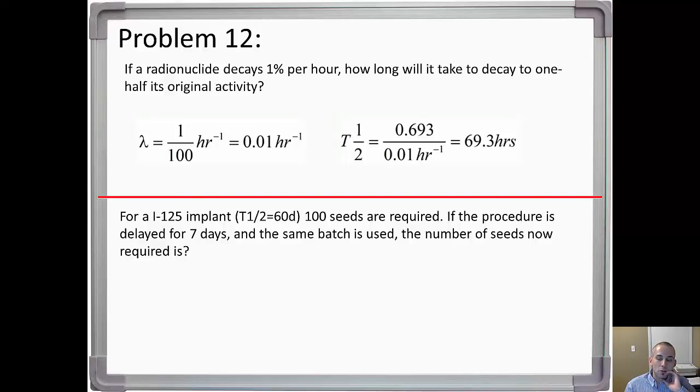In that case, you would take the activity at a later time divided by the initial activity, and you would make that equal 0.50, and then you would go equals e to the exponent negative t times the decay constant, and you would work backwards for the amount of time. So a longer way of doing it, but you could solve it both ways, with the other activity formula, and this one with the half-life formula.